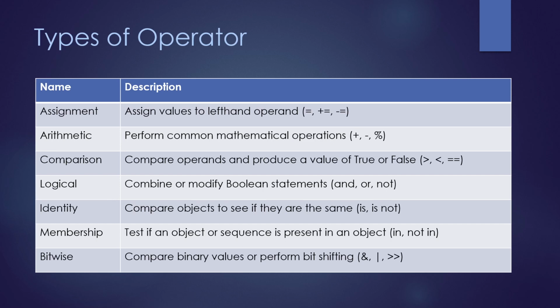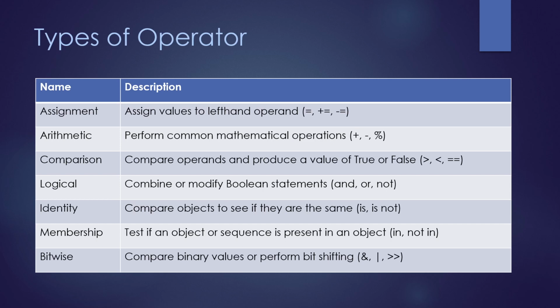Next, we have identity, and it's, as it says here, it compares objects to see if they are the same. Now, this is a bit confusing as to how it works. This does not check the value. This checks the type and the exact, like it says, identity.